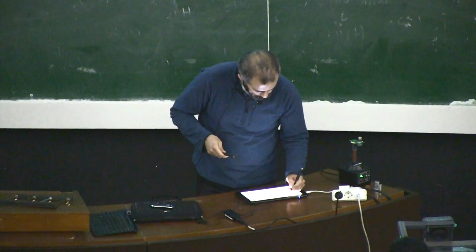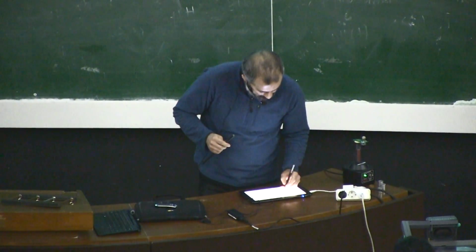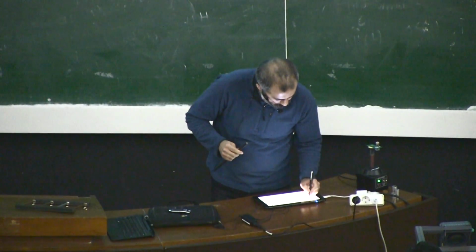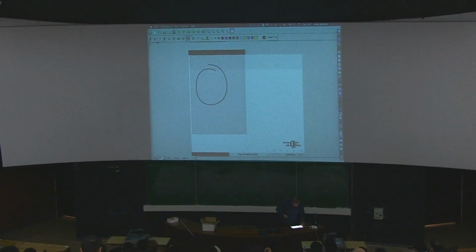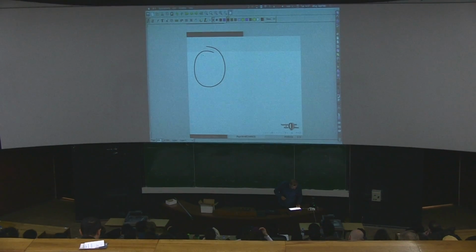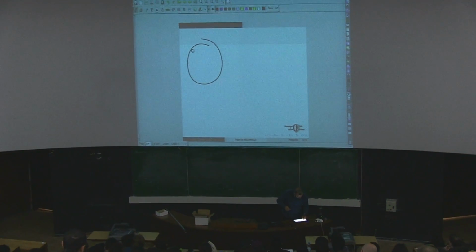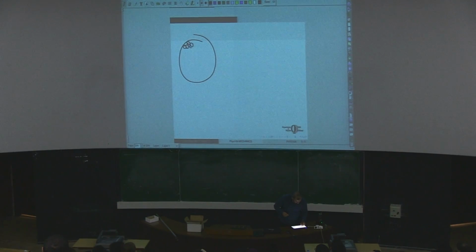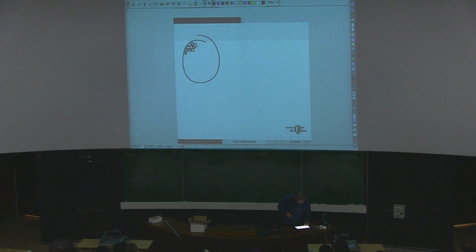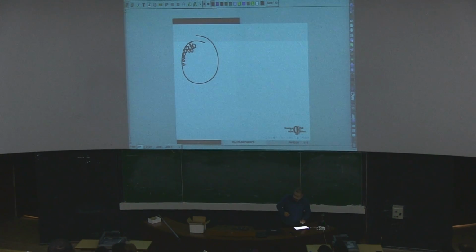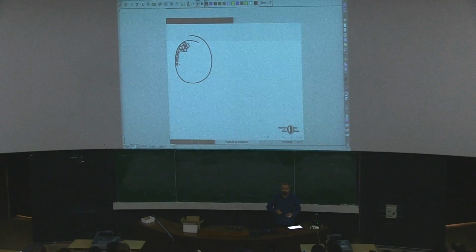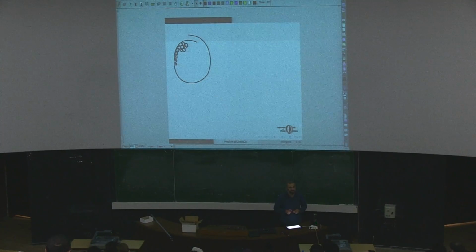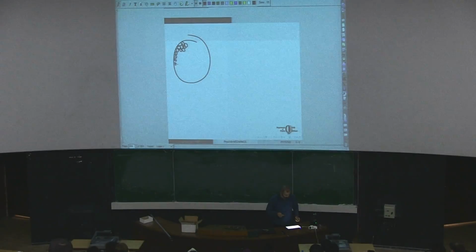You will see that it has a circular cross-section, and inside you have small circles. Each one of these circles is iron, and I'm assuming that they are insulated from each other, so they don't short circuit. So what is the effect of this thing?